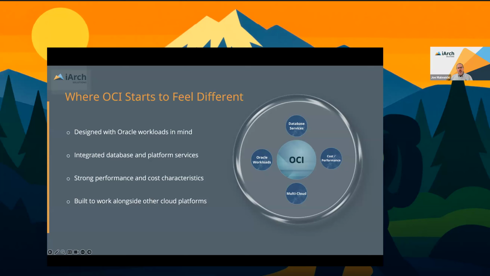When OCI is evaluated side by side against any of these other platforms, for enterprise workload specifically, the numbers are very compelling. On average, clients who move to OCI for any workload see about a 30% annual savings on that workload compared to their cloud infrastructure costs for a different vendor. That's not a marketing stat. That's reality. That's what we see in real engagements every single day.